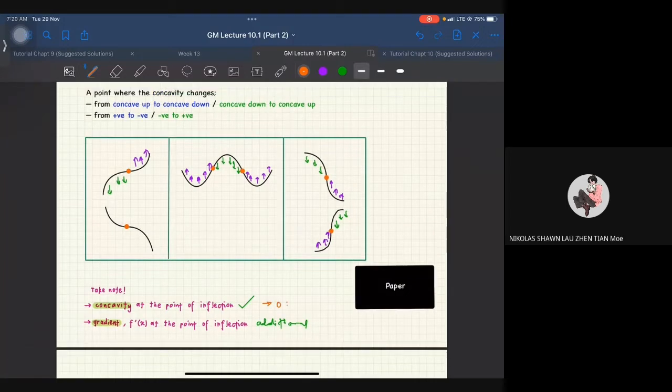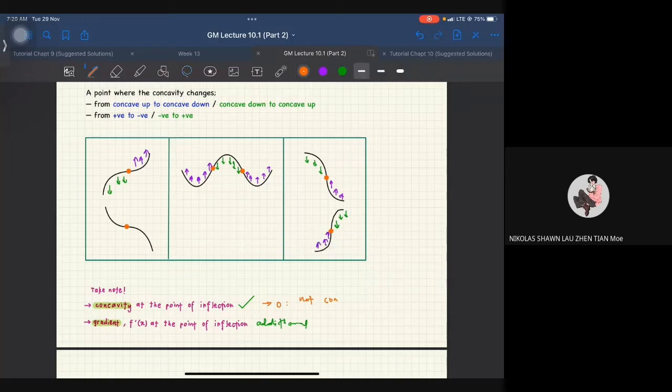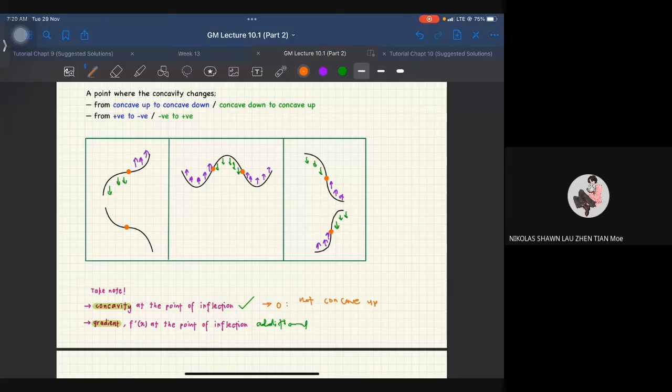Okay, or in other words, not concave. Okay, so dia not concave up and also not concave down.